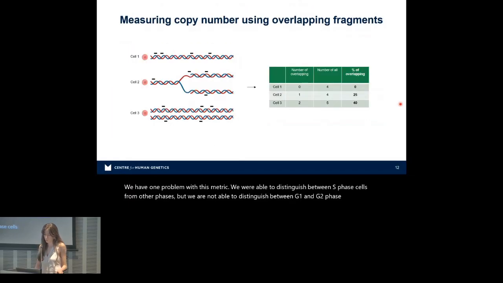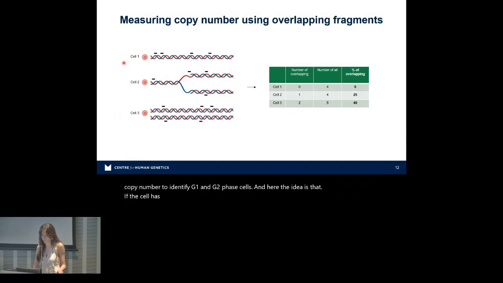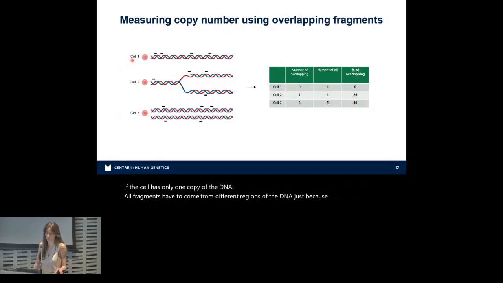For that, we devised another metric, the percentage of overlapping fragments, as a measure of copy number to identify G1 and G2 phase cells. The idea is that if the cell has only one copy of the DNA, all fragments have to come from different regions of the DNA, just because of the nature of the sequencing protocol.